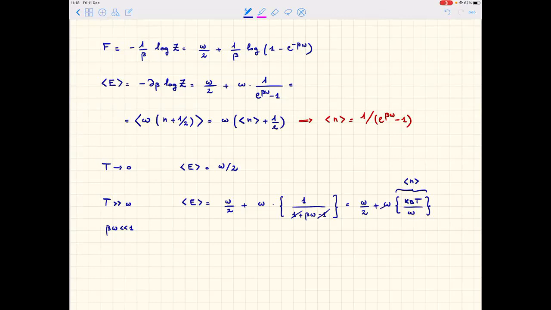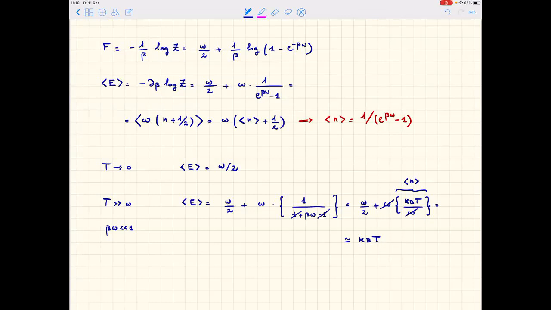Now I can simplify, and I get that this is roughly kBT. So the average energy is roughly kBT. But this is true only at high temperatures, right?